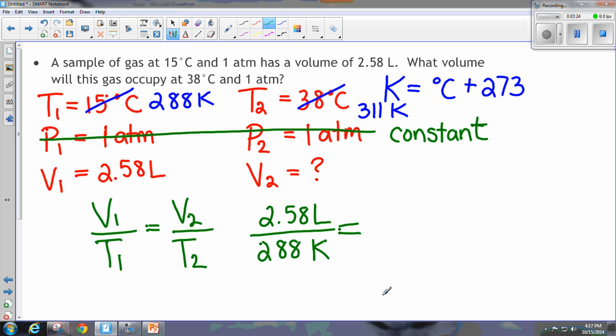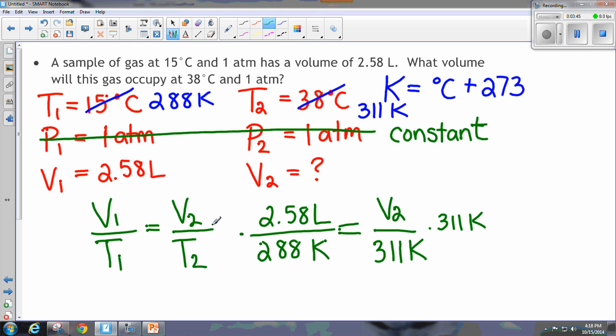And that's equal to V2, this is what we're solving for, divided by T2, 311 Kelvin. So I'm just going to cross multiply or multiply both sides by 311 Kelvin.